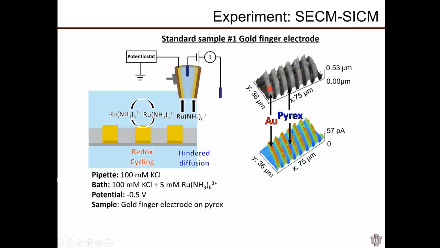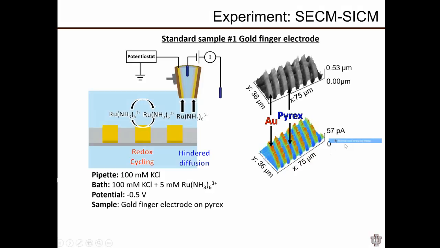So this is the actual topography of the tip picking up and down as it moves over the finger electrodes. The image on the bottom is what you see in the electrochemical response. So this is a current that's measured at the gold electrode under these conditions. So this is the oxidation and reduction of ruthenium hexamine.